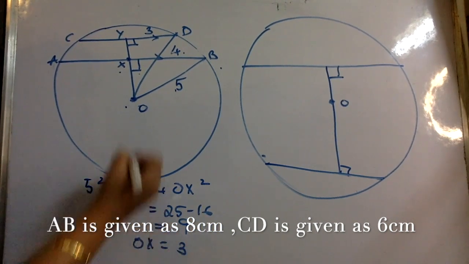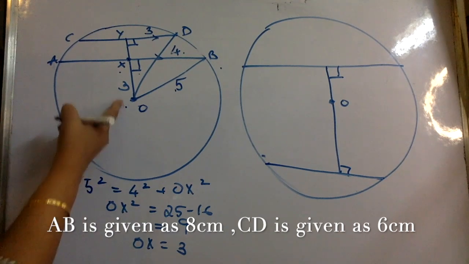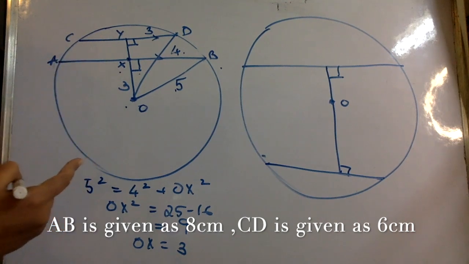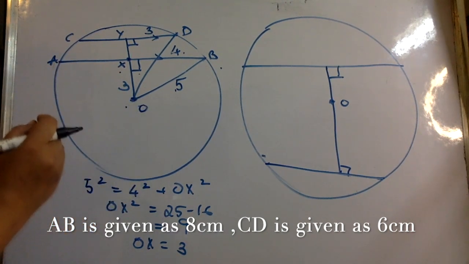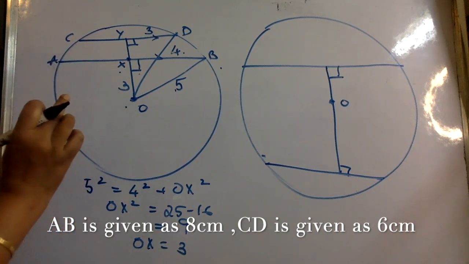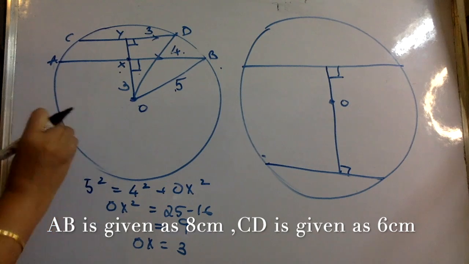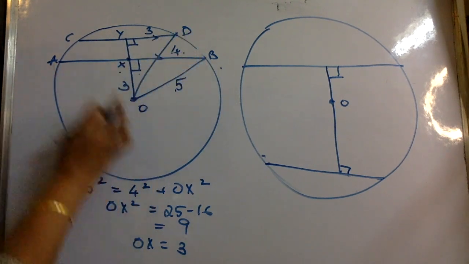OX comes as 3, right? OX is 3. Now let me talk about OY. What is OY then? For OY, let me take the triangle YDO.